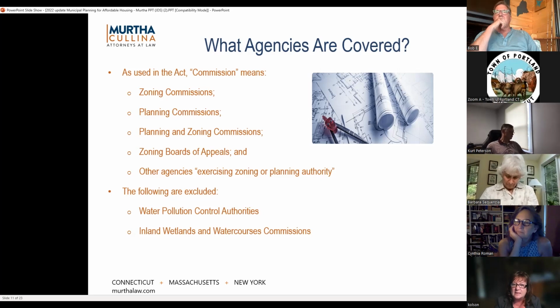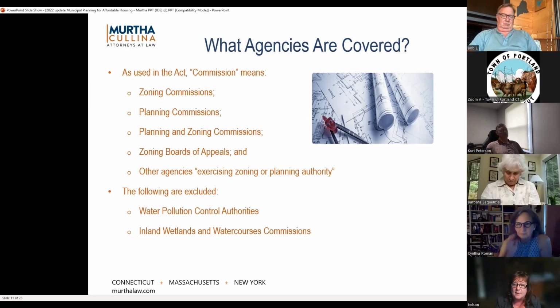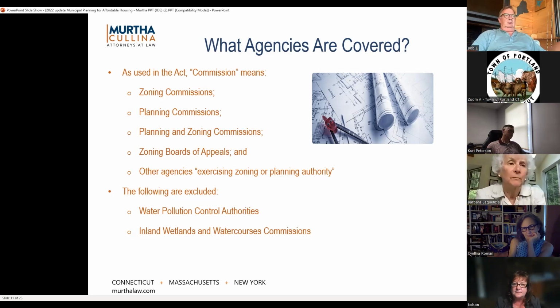So obviously the legislature realized that they can't allow affordable housing that in some way is going to impact negatively the wetlands in derogation of the Inland Wetlands Act, or put the town in peril with its sewerage systems.